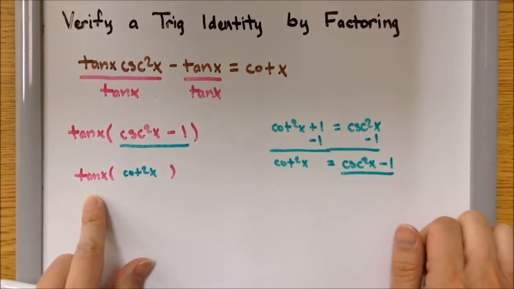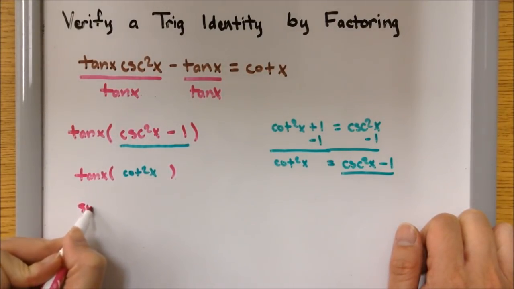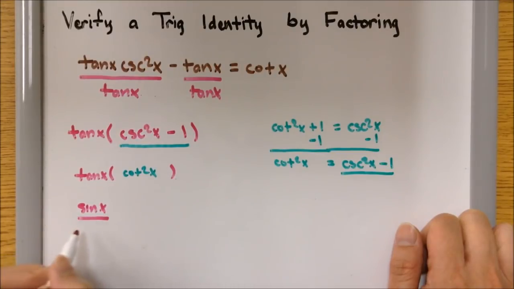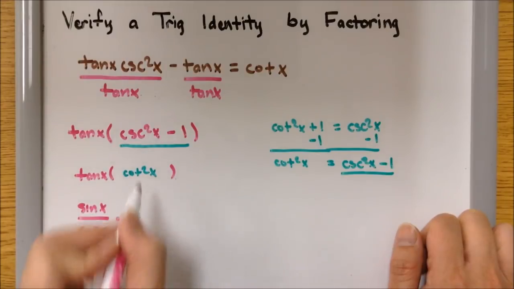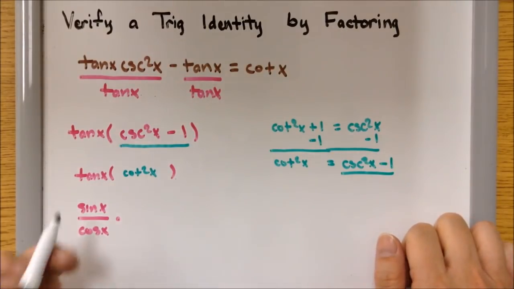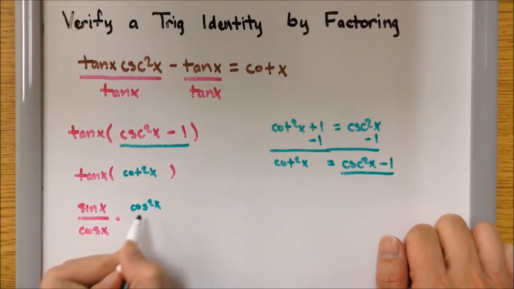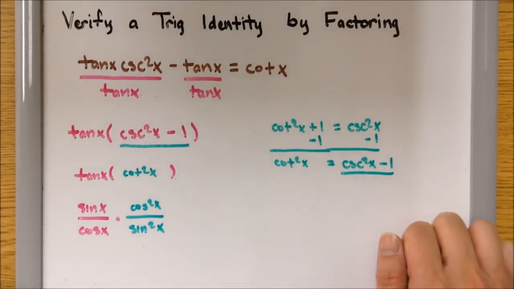Tangent of x would imply the quotient identity, which is sine of x over cosine of x, and it's multiplying cotangent square of x. The quotient for cotangent square of x will be cosine square of x over sine square of x.